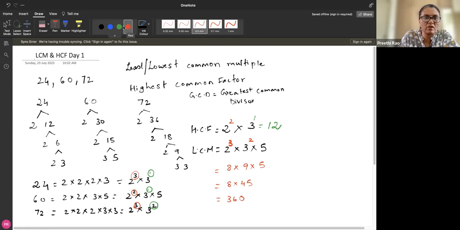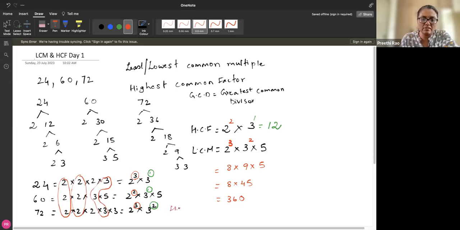Or I can also think of it as choosing the common factors. What are the common factors? All of them have 2. Again, all of them have 2. And all of them have 3. So for HCF, I can also say I'll choose only the common factors.